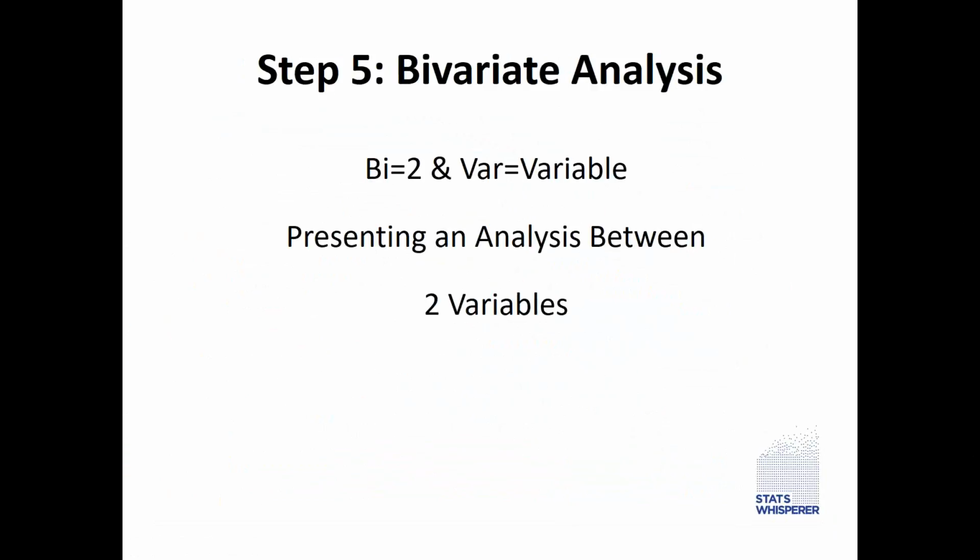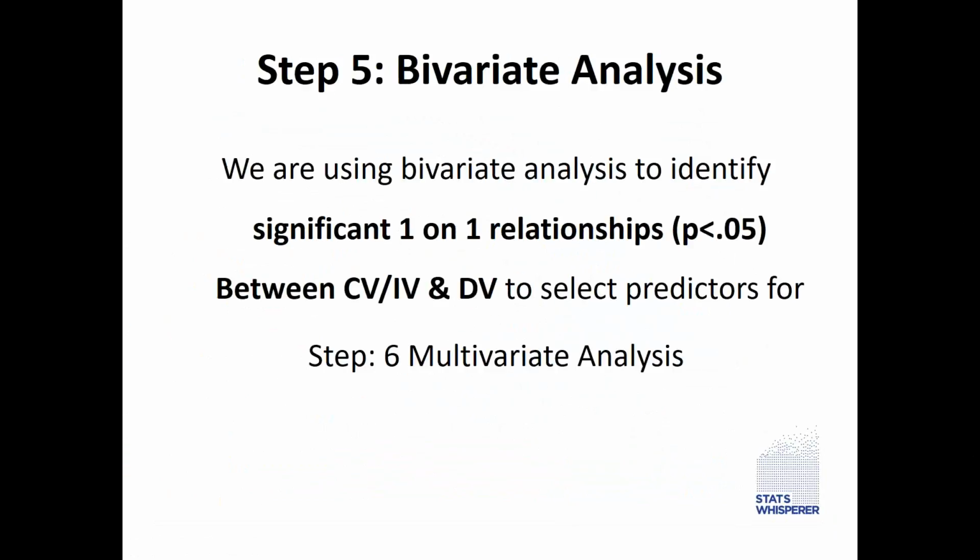Bivariate, bi meaning two, var meaning variable, so an analysis between two variables. Again, we're using bivariate analysis to identify significant one-on-one relationships between the covariate variables and independent variable with the dependent variable, to select predictors for step 6 multivariate analysis.